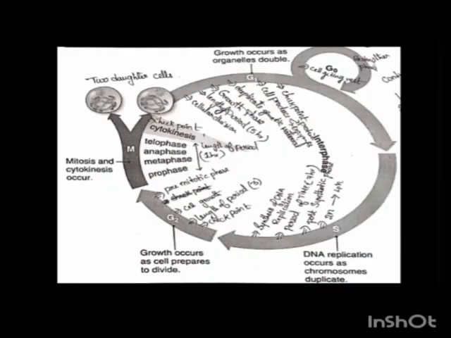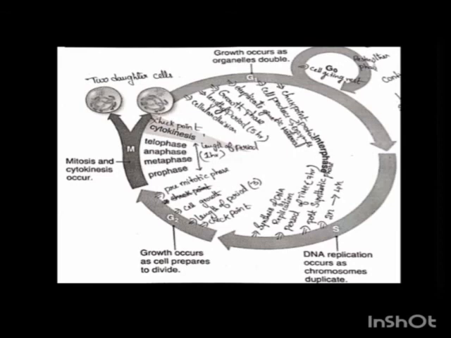In the cell cycle and mitosis, we will see here that the cell has a resting period called G0, and after this resting period the cell starts duplicating and DNA replication occurs. Next is S, the synthesis phase.